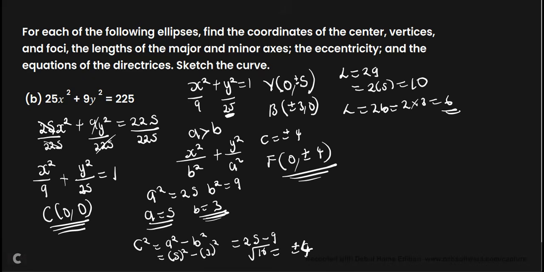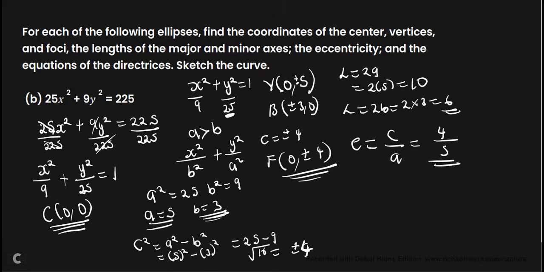We have to find the eccentricity according to the question. Eccentricity will be what? It is C over A. What is your C? It was 4. And what is your A? It was 5. Just like that.